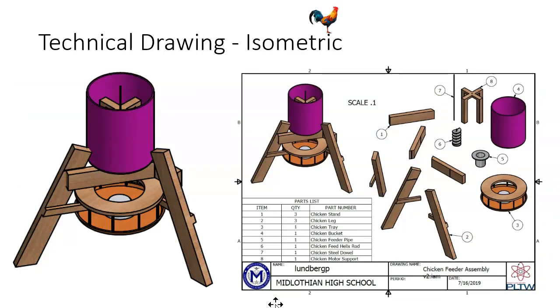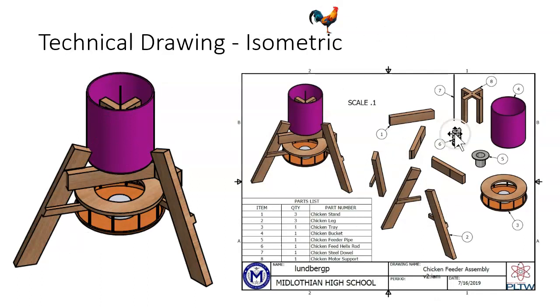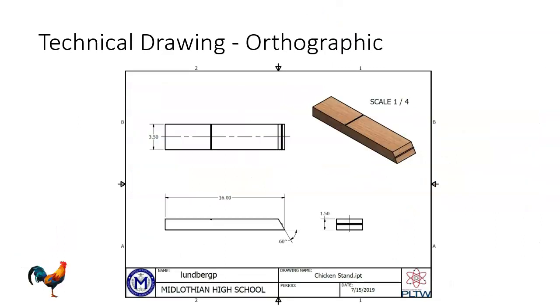I would expect to see screenshots of your designs as assemblies and exploded views with parts lists. This is our isometric information here. And the exploded view helps us understand if it's got multiple parts and how they go together. Then the orthographics, I would say on this, don't go crazy with ANSI standard measurements.